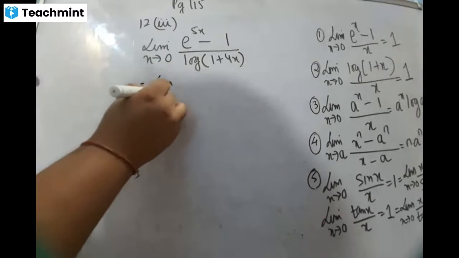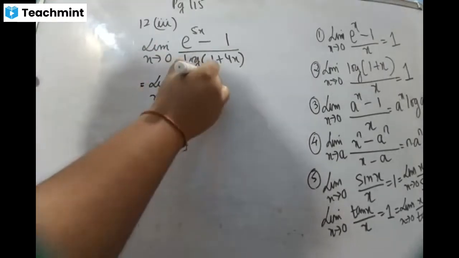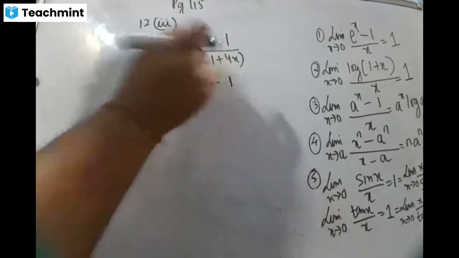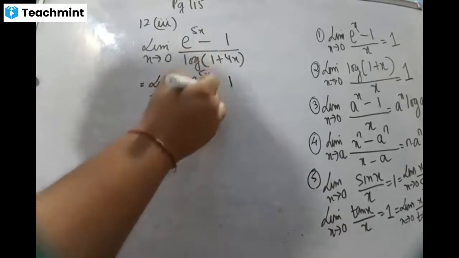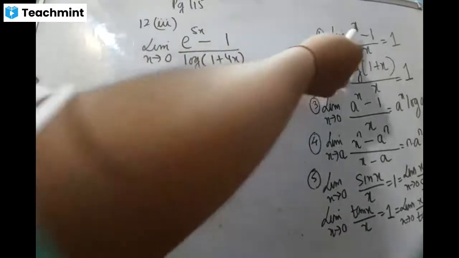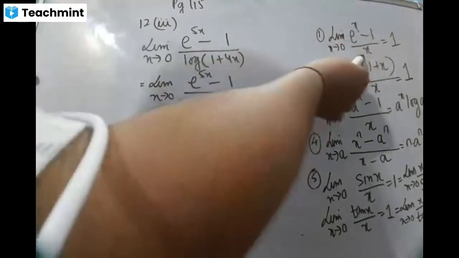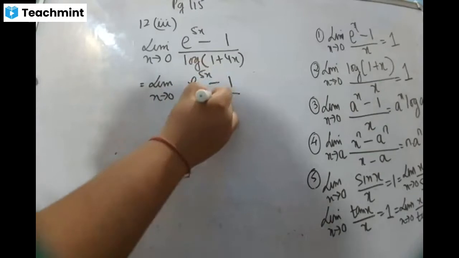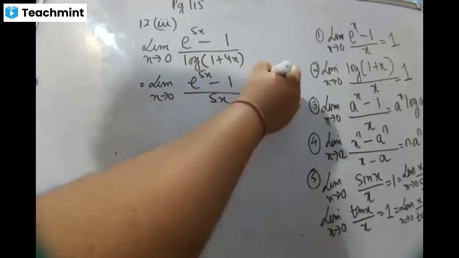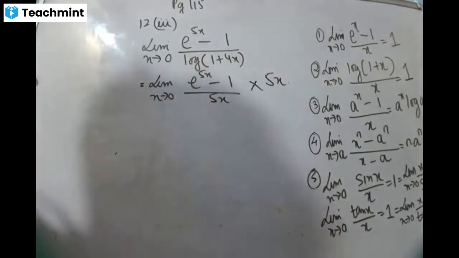Look at the board, everyone. What does property number 1 say? E to the power x minus 1, that means this is 5x, but I'm reading this as x. The property says, whatever is the power of e, that has to be the denominator. What is the power of e? It is 5x, so I have to divide this by 5x. So if you divide, you need to multiply also by 5x.